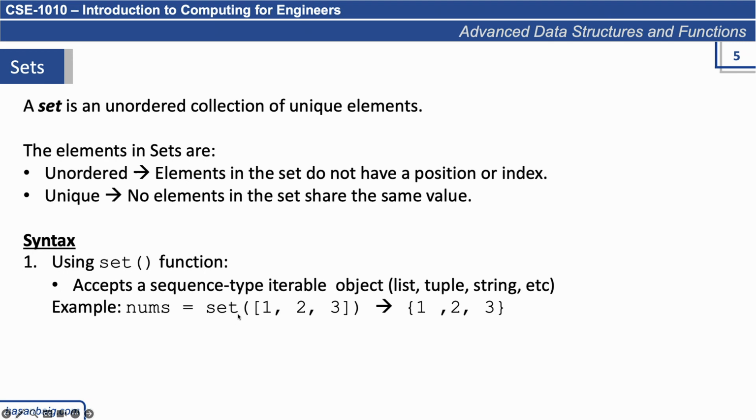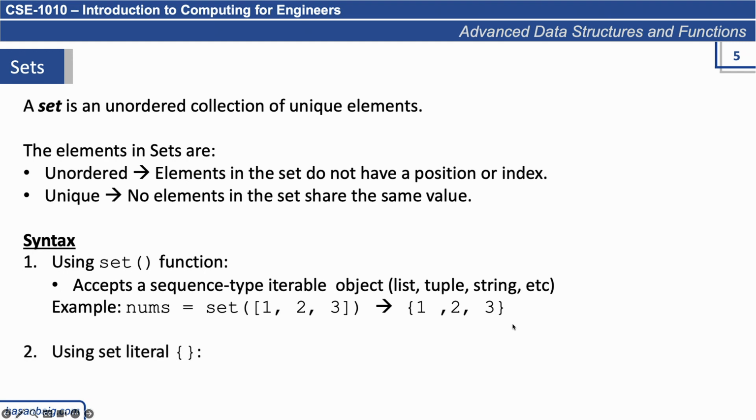Using the set function, we are specifying a list as an input. Here it converts it into a set and displays the result like this, with curly braces. Whenever you see a sequence of elements arranged in curly braces, it corresponds to a set.